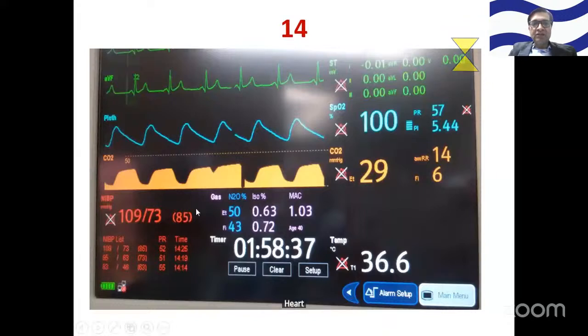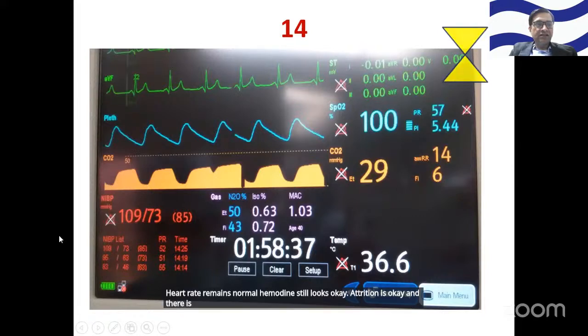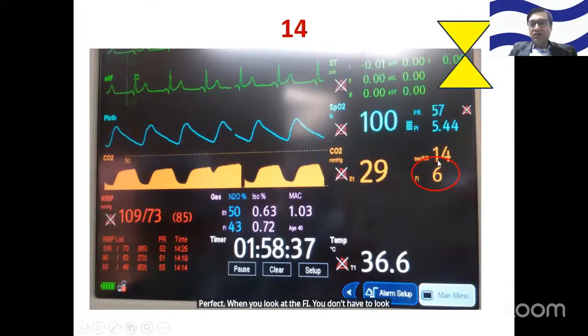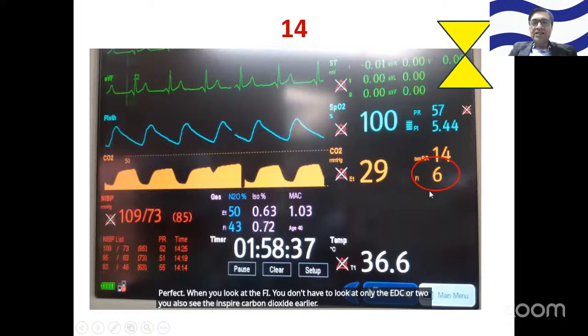Heart rate remains normal, hemodynamics look okay, saturation is okay, and there is an ETCO2, which is this. Perfect, right? When you look at the FI, you don't have to look at only the ETCO2. You also see the inspired carbon dioxide here. Your inspired carbon dioxide is 6, right?